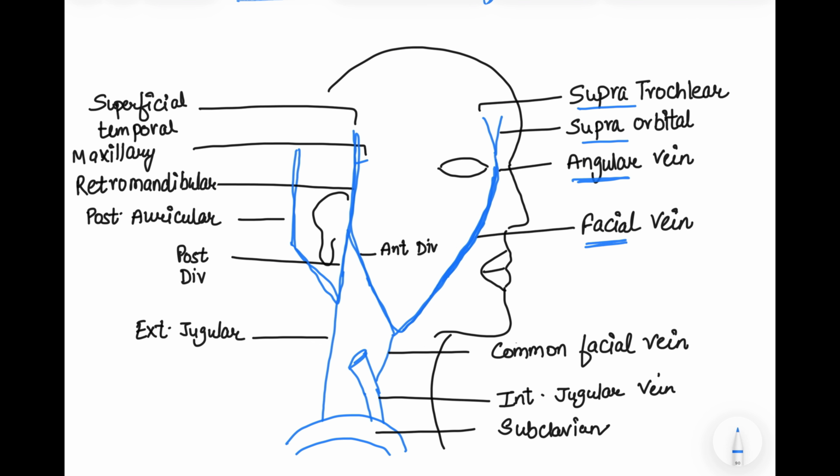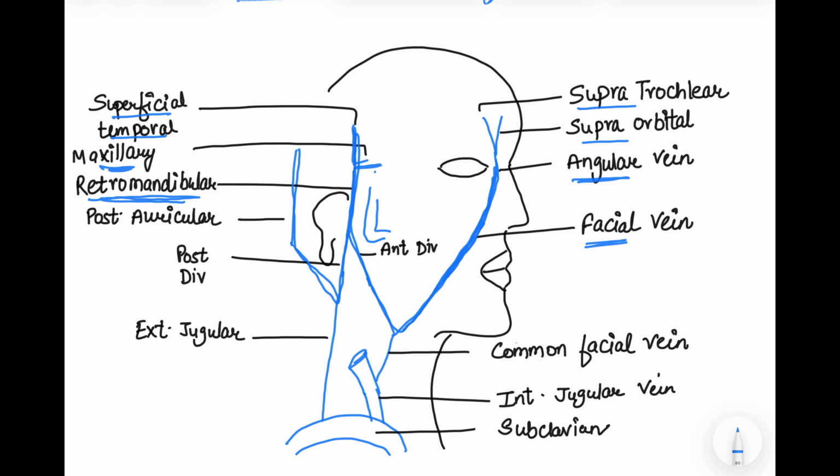That's the facial vein. Here we have the mandible, ramus of the mandible. Just behind the mandible you are going to see another vein, your retromandibular vein. The retromandibular vein is going to receive drainage from 2 veins over here. One is your superficial temporal, the other is your maxillary.